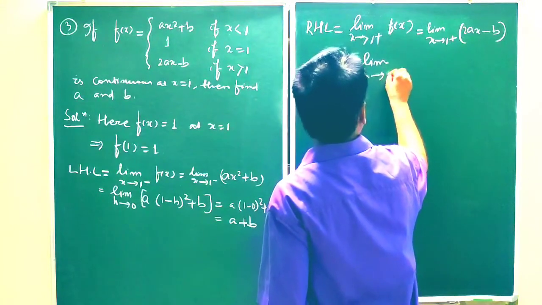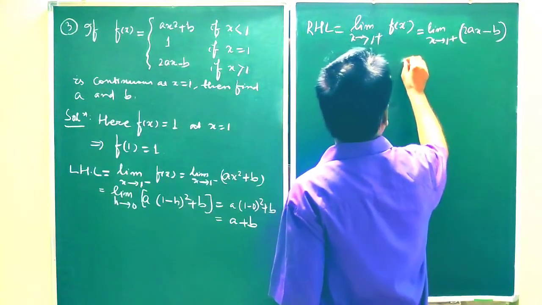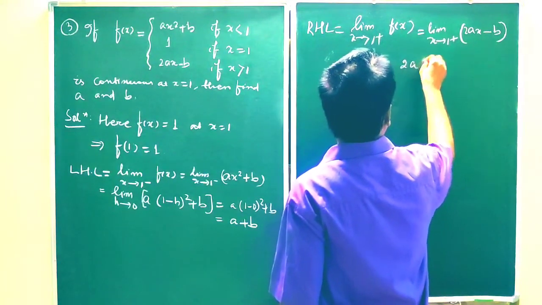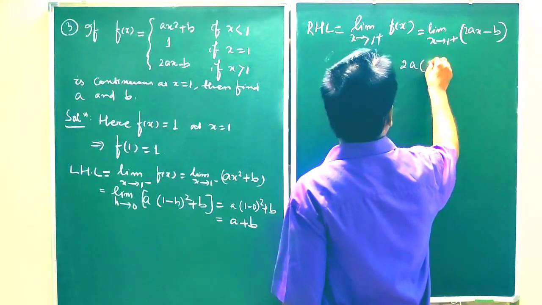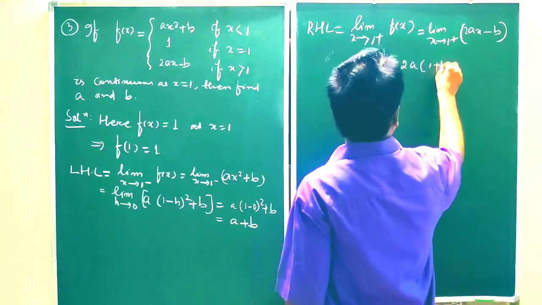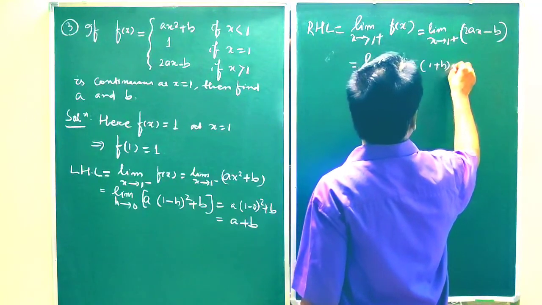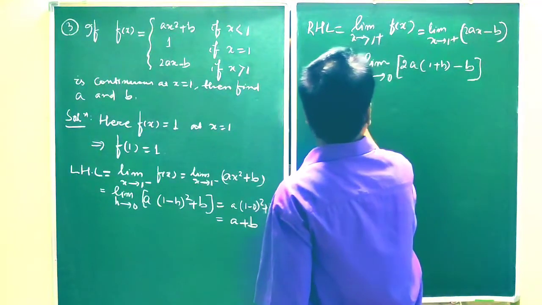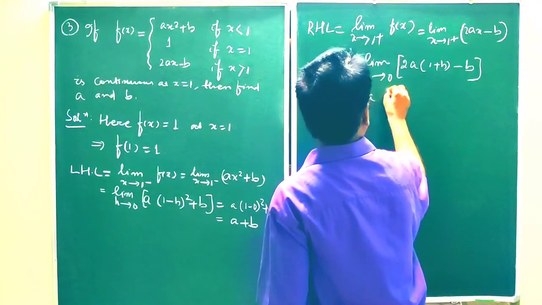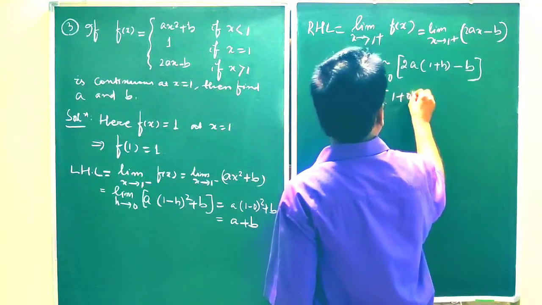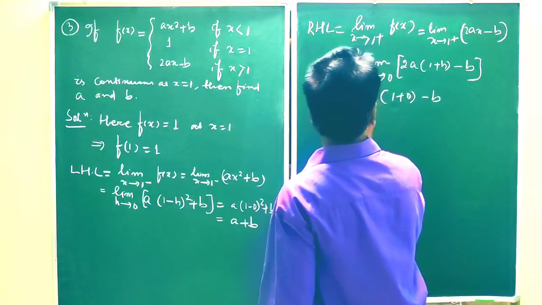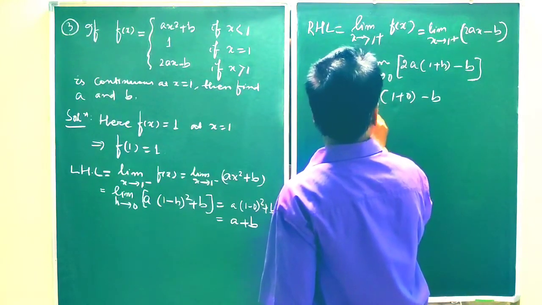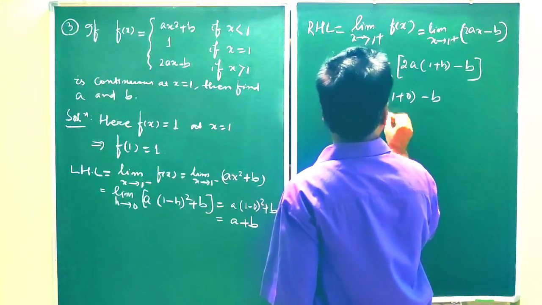So this is the limit as h tends to 0 of 2a(1 plus h) minus b. So this is equal to 2a(1 plus 0) minus b, which is equal to 2a minus b.